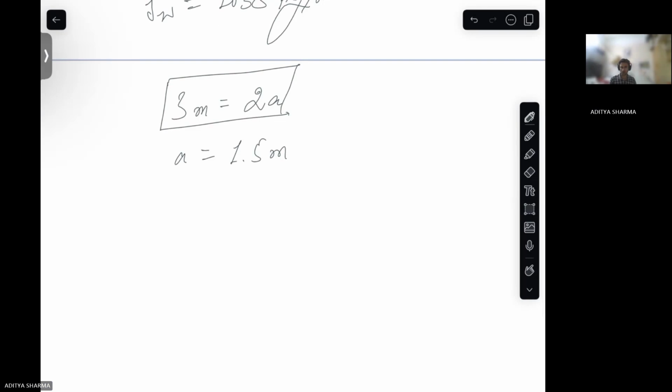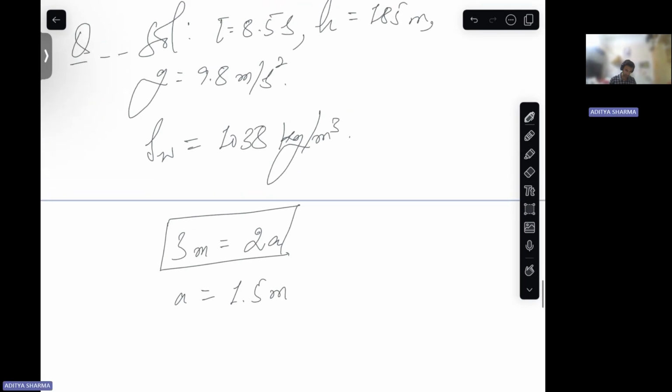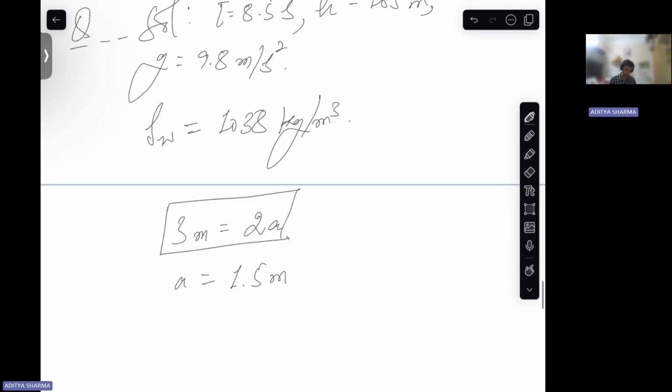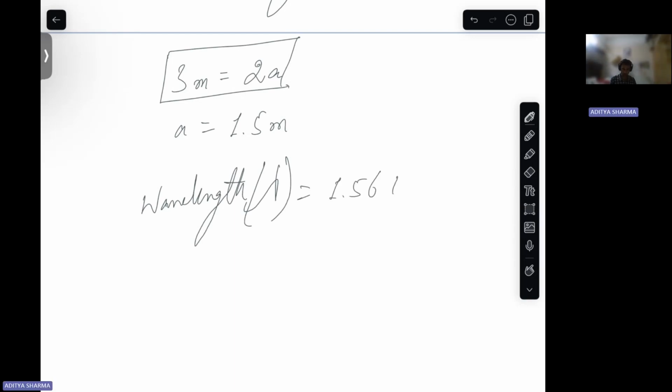Now the 3 meters was the length of the wave, not the wavelength. So if you need to find out the wavelength, how can we find it? From this formula.